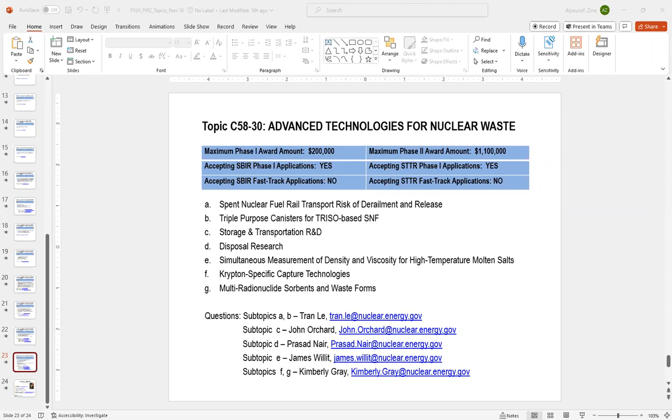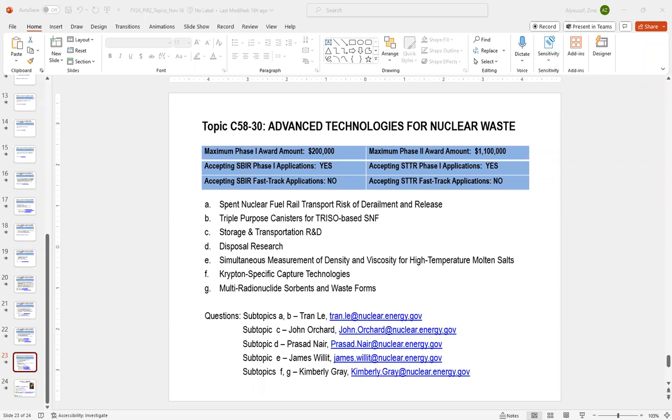To address questions and concerns about the risks of spent nuclear fuel transportation by rail, we're really interested in state-of-the-science modeling and visualizations to represent types and causes of plausible spent nuclear fuel train derailments involving impact to a spent nuclear fuel transport cask. We're also interested in analyses of forces to the cask from derailment and the likelihood of release of radioactive material from the contents of the cask or canister.